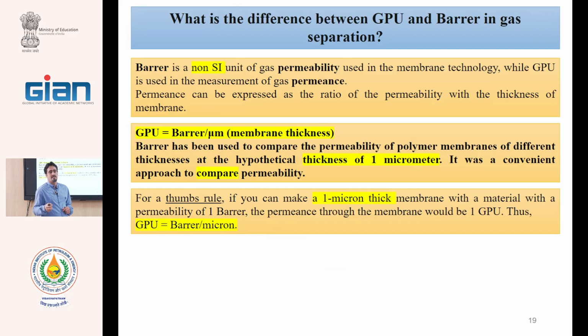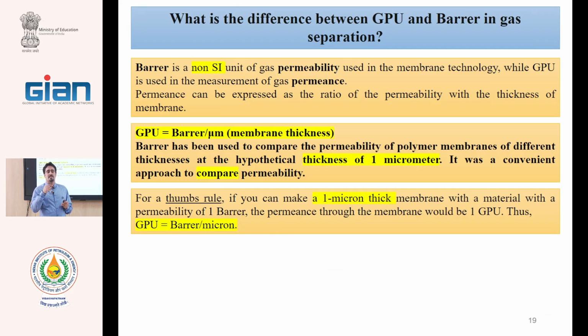When one student fabricates 10 micron and another 20 micron, the permeance will change. But in barrier, the permeance is divided by the thickness of the membrane; the thickness is inserted.